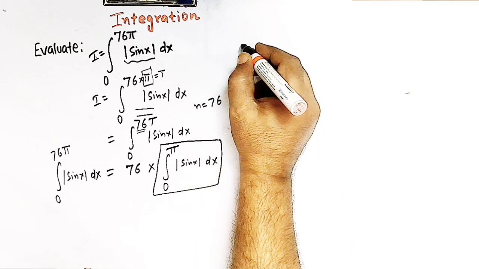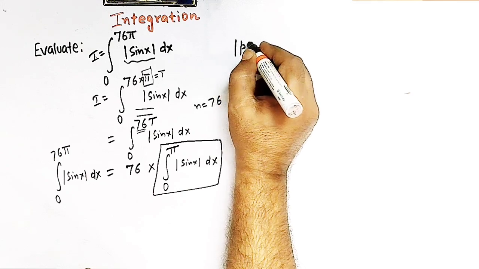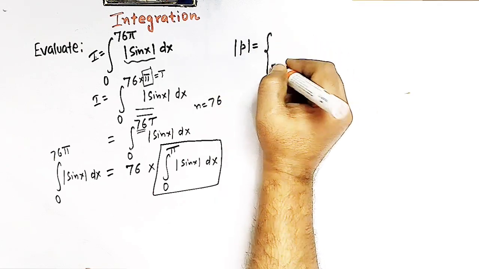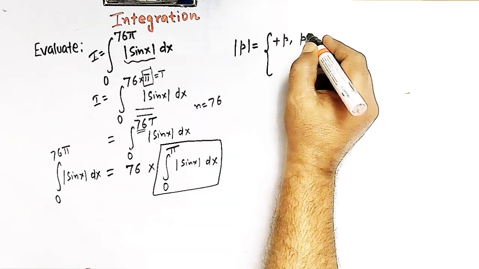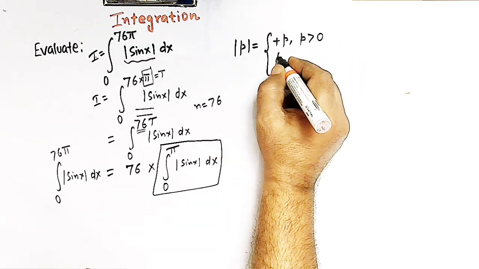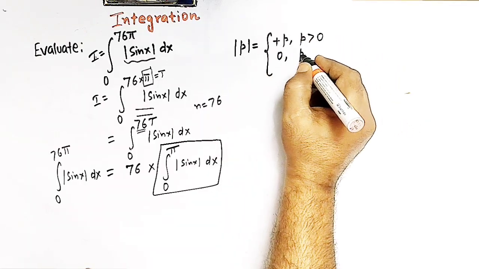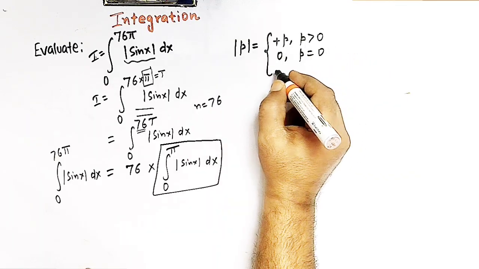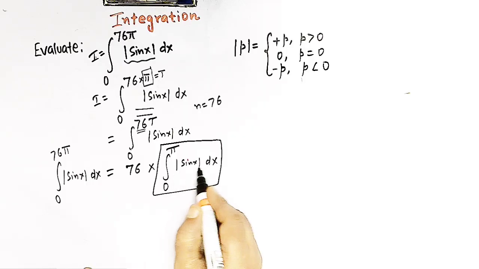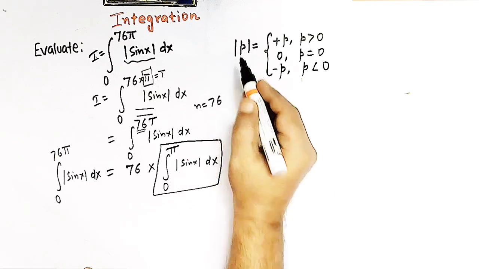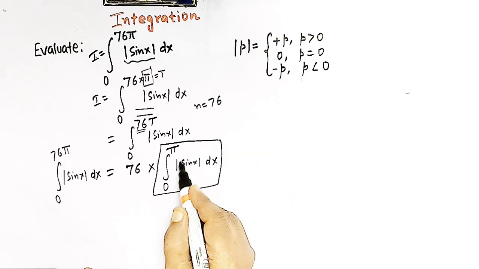The definition of the mod function is: mod of p is equal to positive p whenever p is greater than 0, mod of p is equal to 0 when p is equal to 0, and mod of p is negative p when p is less than 0. For p we can write sine x.